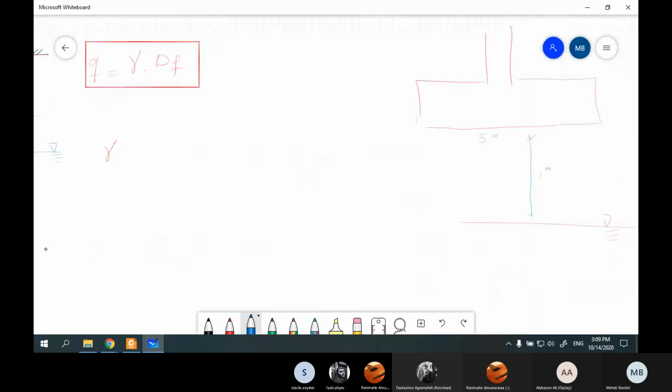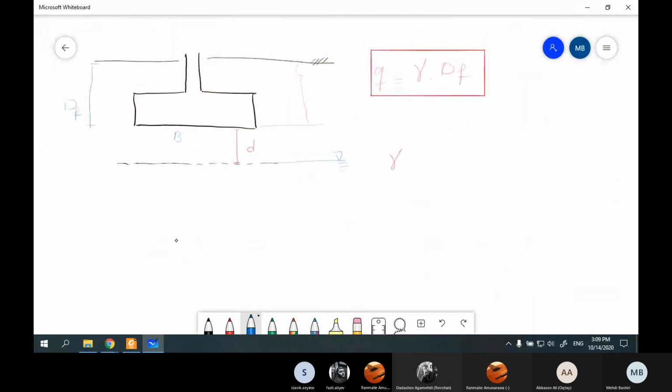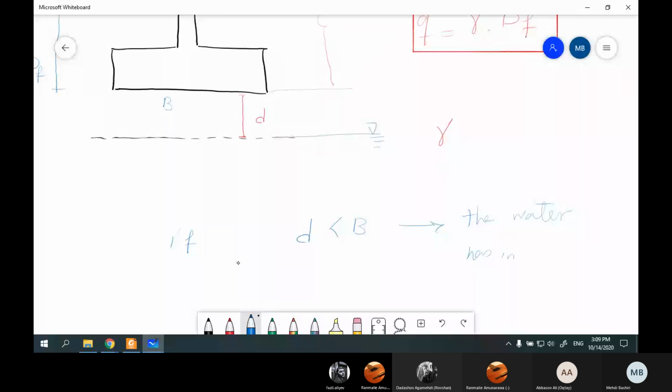The level is B. So if d is less than B, the water has influence on the foundation.